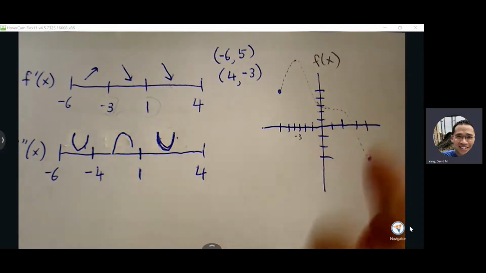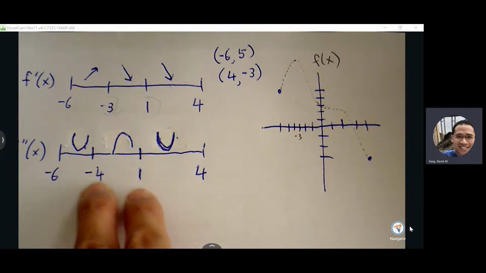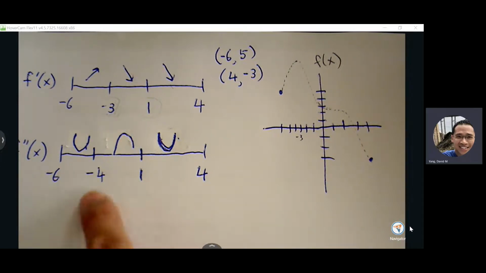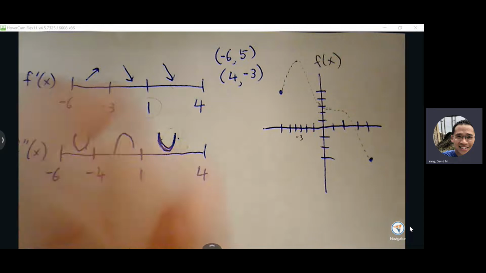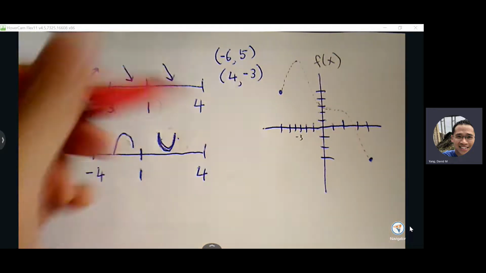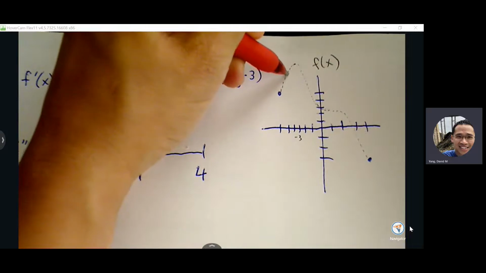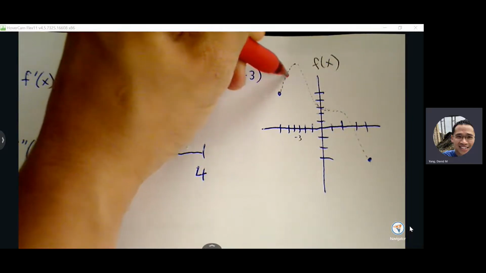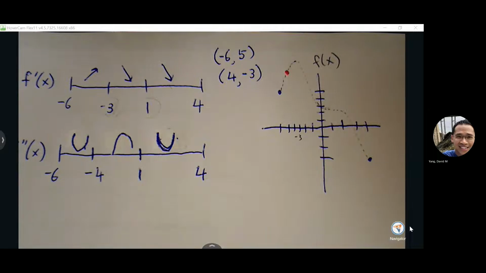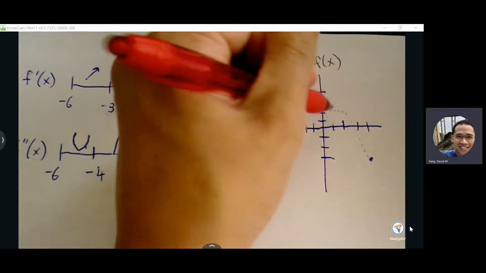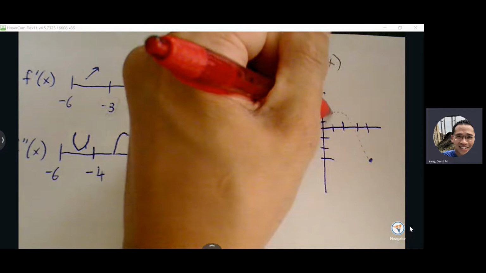It doesn't matter where the points of inflection are in terms of the y value, but we know that the points of inflection are at -4 and 1. So wherever the graph lands at -4, just go ahead and plot that point, so we can target it as a point of inflection. And wherever your graph landed at 1, just highlight that point.